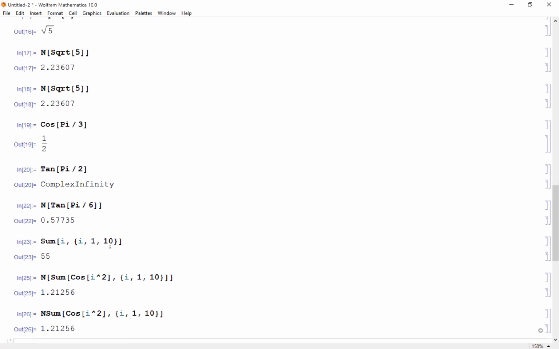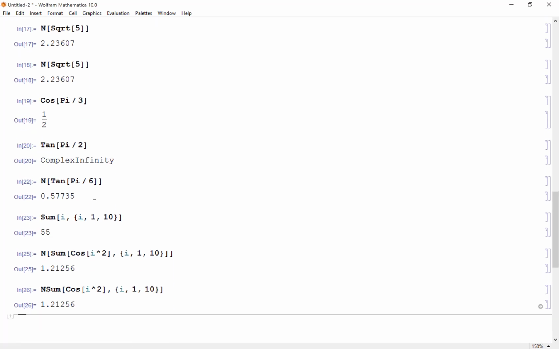They're going to be useful. And notice here in the Sum and NSum functions, I used braces, the {i, 1, 10}. Those are my parameters, and different functions require different types of parameters, and it really is just a matter of getting used to them to know when and what to put in. Here, this is like an index. I'm summing up things that look like i, with i going from 1 to 10.